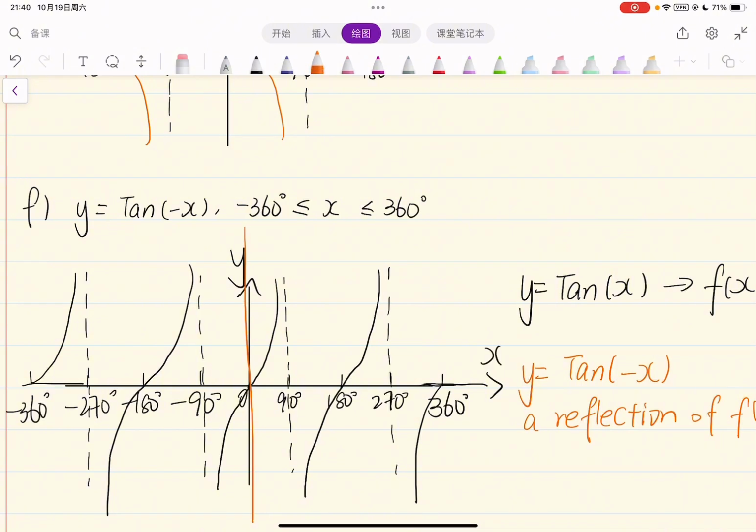It reflects this part in the y-axis. So we have the curve looks like that. And between negative 90 degrees and 0, we reflect this part. We have the curve like that.